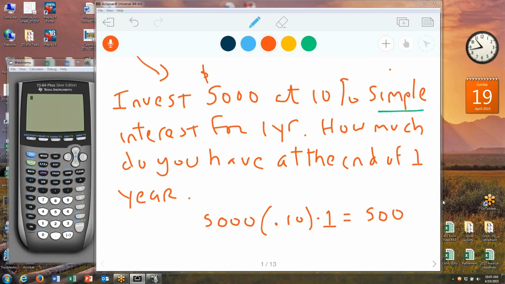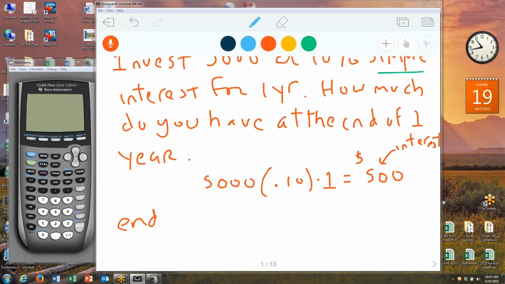Okay, so this is your interest, $500. So at the end of year one, you have the $5,000 that you started with plus the $500 in simple interest, so you actually have $5,500. Okay, so that's how you calculate simple interest.